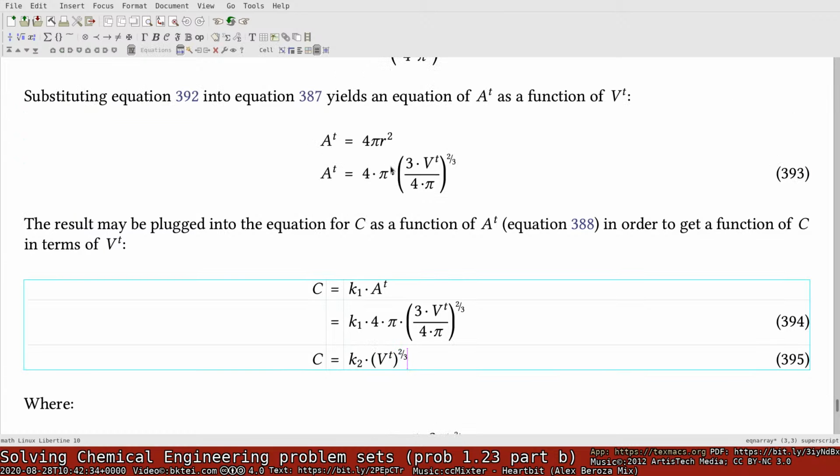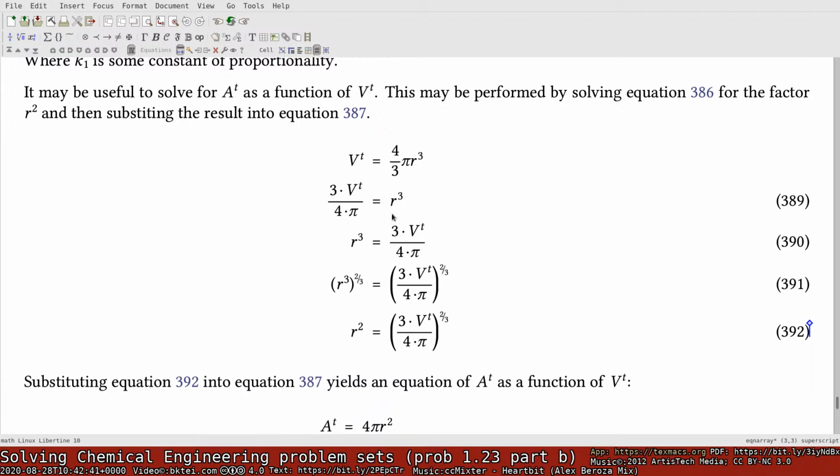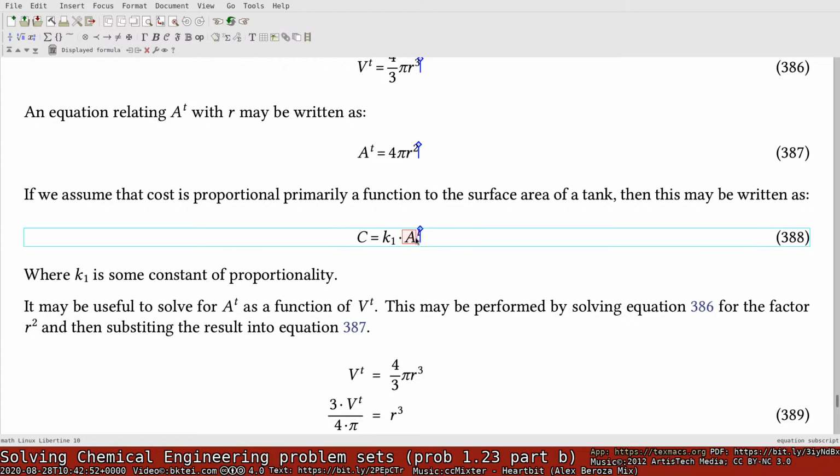Let's see here. Are we already working with some kind of ratio? So in equation 388, we kind of made a mistake here.